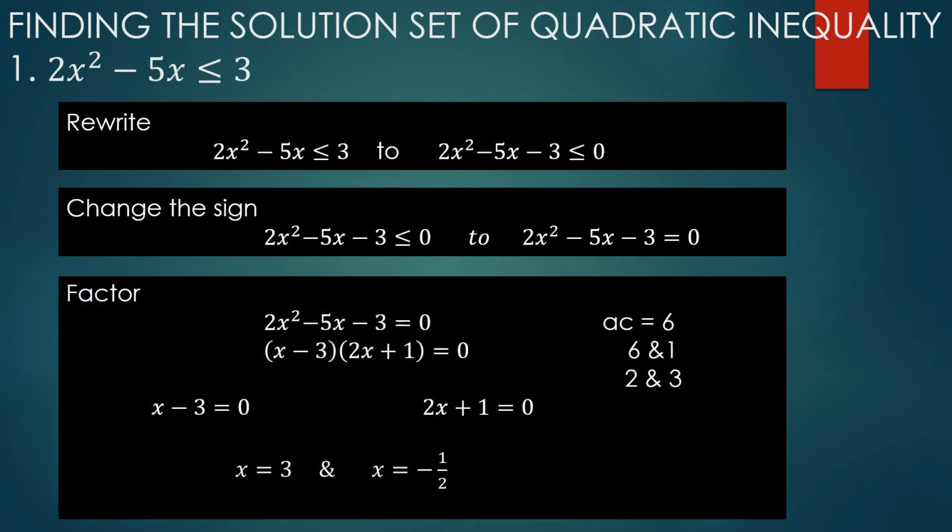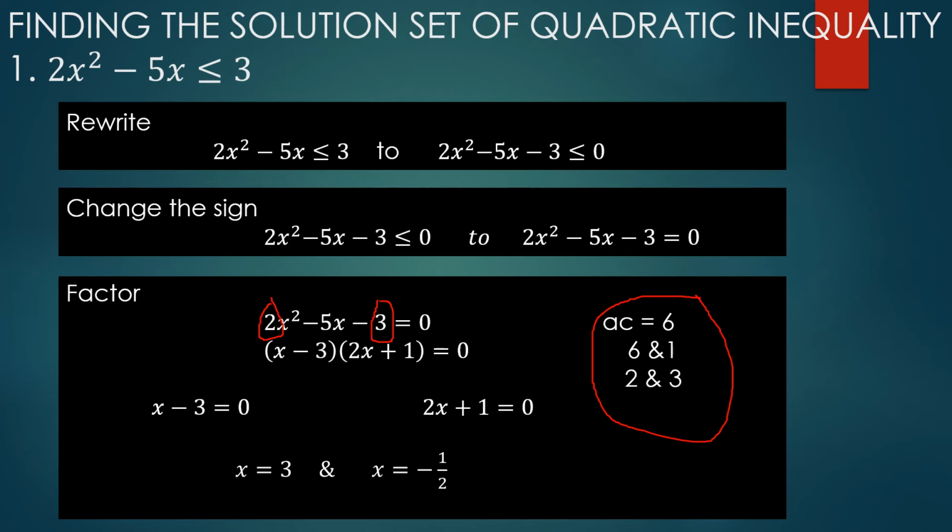After that, ipa-factor na natin siya. Kung makikita nyo dito sa gilid, meron tayong AC equals to 6. Ano yung AC? Yun yung value ng A natin, which is 2, and value ng C natin, which is 3. Kasi dito, our A is not equal to 1, meaning, iba yung value niya, hindi 1.